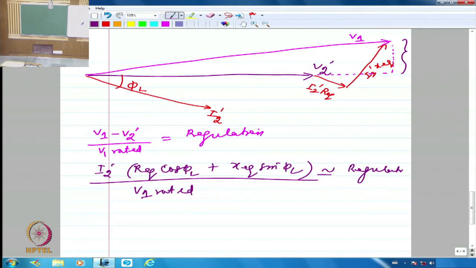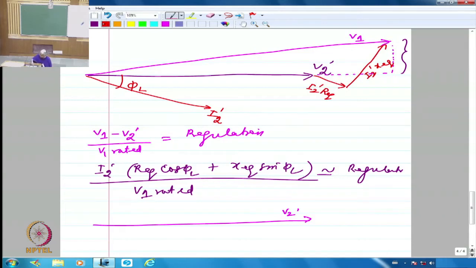I hope you guys understand why leading power factor actually gives you an increase in the voltage rather than a reduction in the voltage. Please try to draw the phasor diagram corresponding to the leading power factor condition, or let's quickly draw it. Maybe this is my V2 dash.